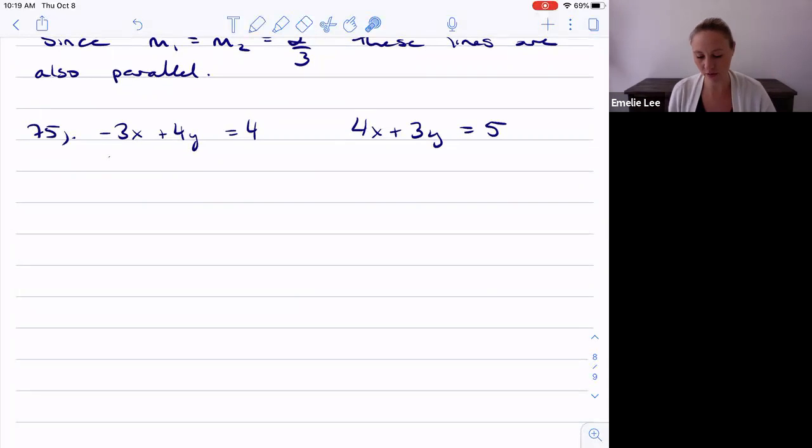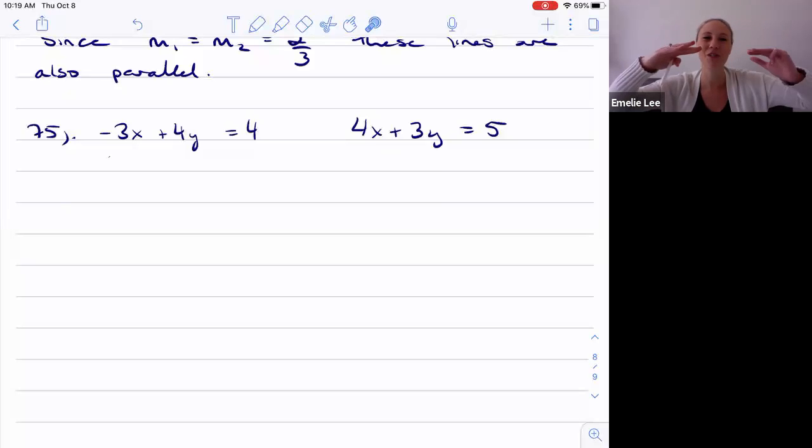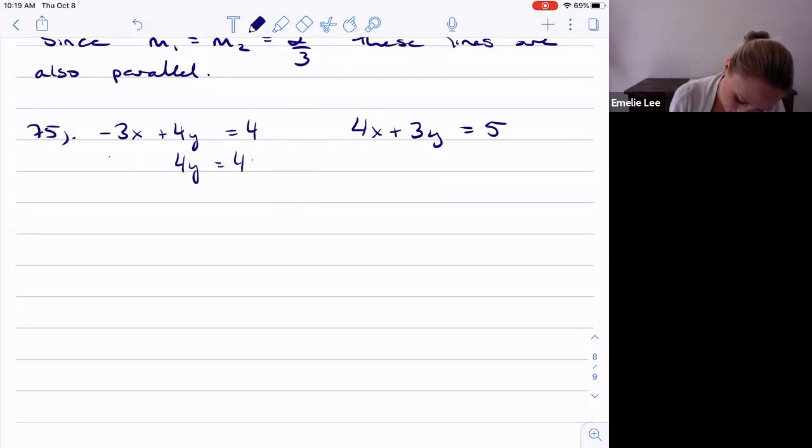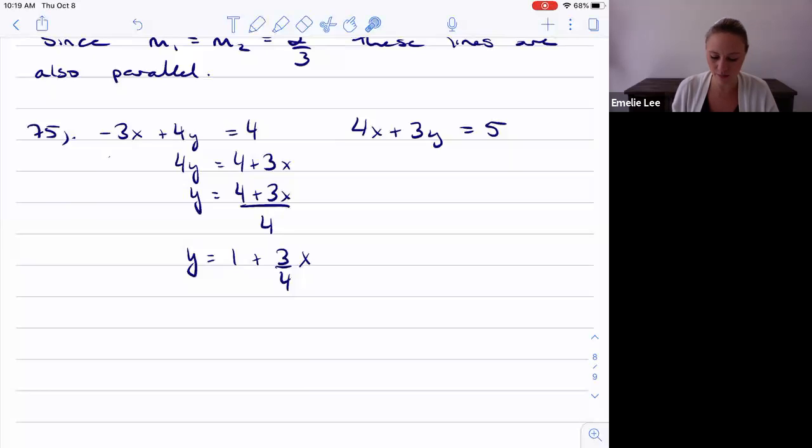But usually if you're doing it, I would prefer to have them kind of side, or one on top of the other. But this is fine, as long as you give enough space here so it doesn't look like one big thing. Solving for y, I get 4y is 4 plus 3x. So y is (4 plus 3x) over 4. So y is 1 plus 3 over 4 x, right? Skipping a step because 4 over 4 is just 1, so I can ditch the fraction if I want to.